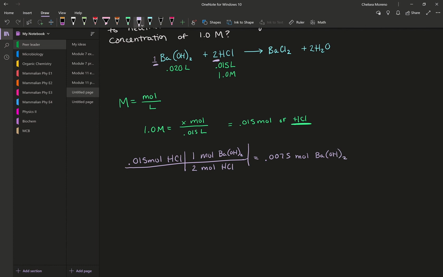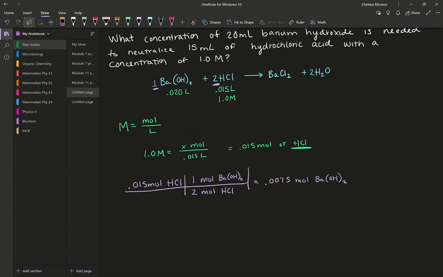Okay, so we have moles of barium hydroxide, but they're asking for our concentration. So we look back at our molarity problem, we know our concentration is molarity, right? That's a form of saying, oh, I have a concentration of so and so. It also means I have a molarity of so and so, right? So for barium hydroxide, we now know our mole value, and we've known our liter value, right? So that means I can find my concentration now.